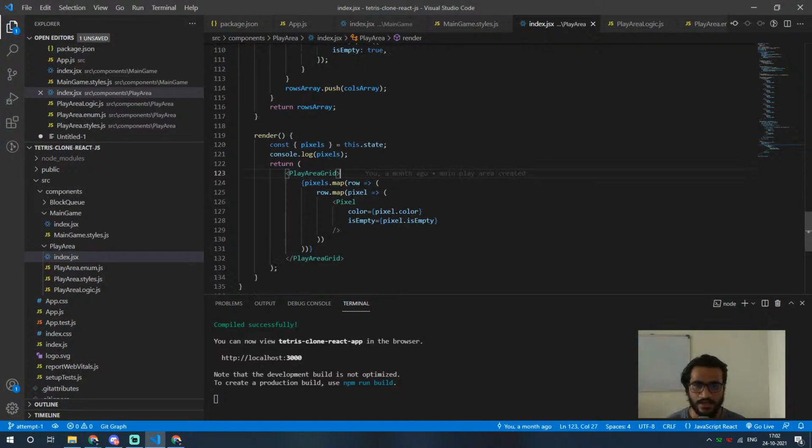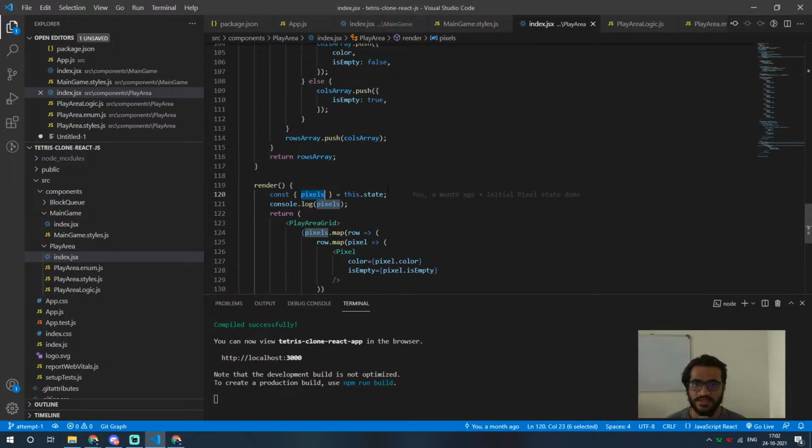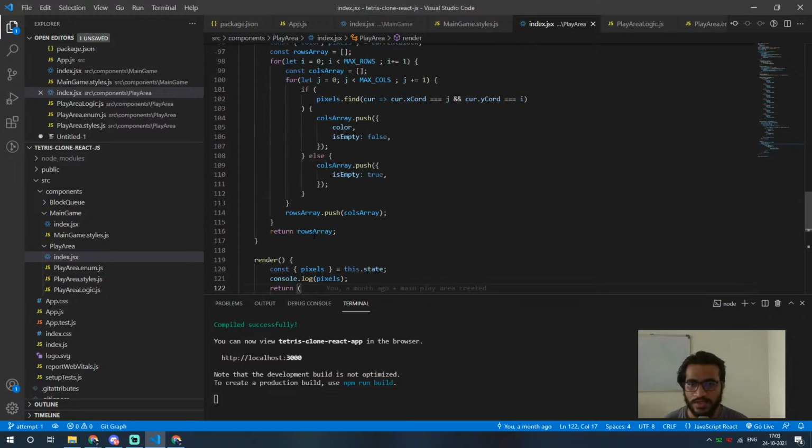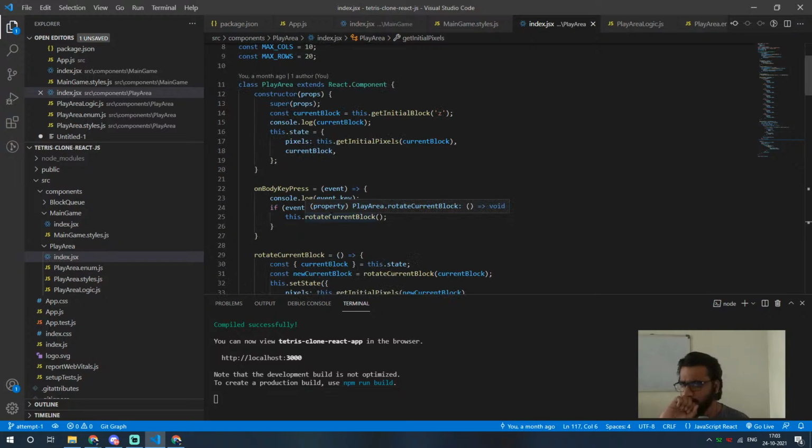And so whatever we change in pixels will reflect on the screen, and so all the logic would be applied on the pixels, not stored elsewhere, because it shows the whole game, right?